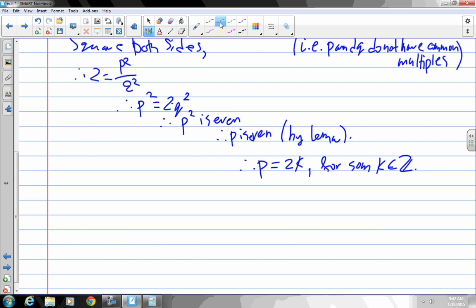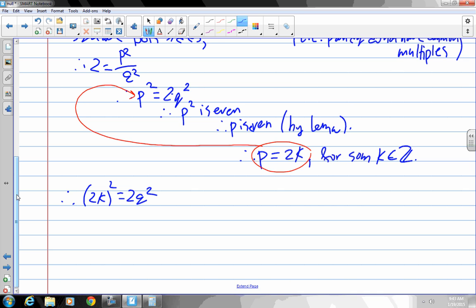So I'm going to take this expression and substitute in here for P, because I know P right now equals 2k. So I have (2k) squared equals 2Q squared when I substitute 2k for P. Now I'm just using algebra. I get 4k squared equals 2Q squared. When you square 2k, you get 4k squared.